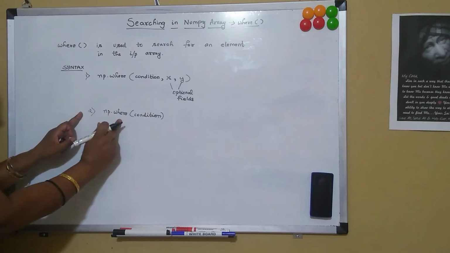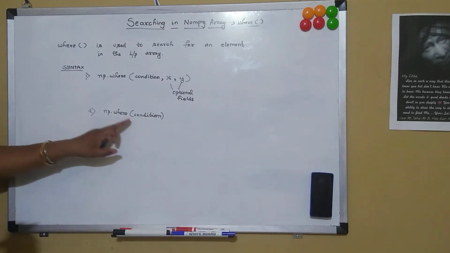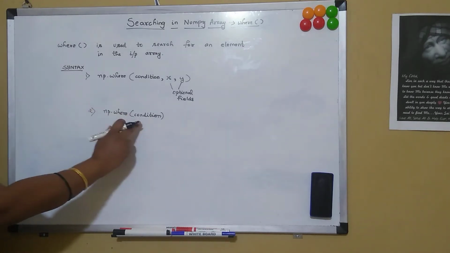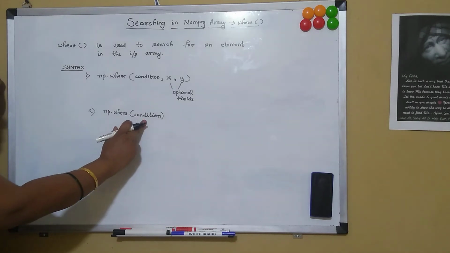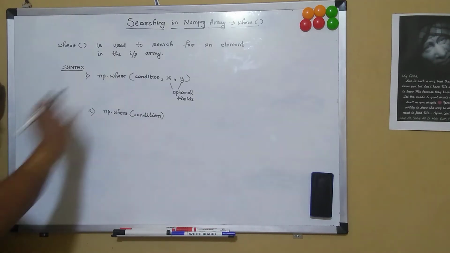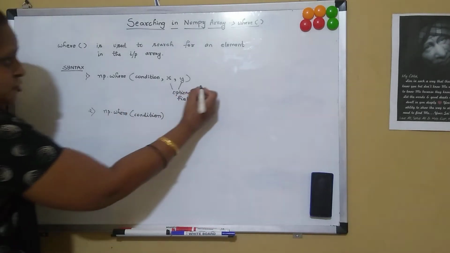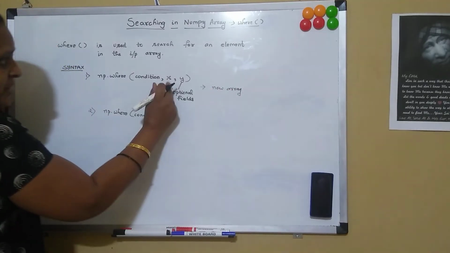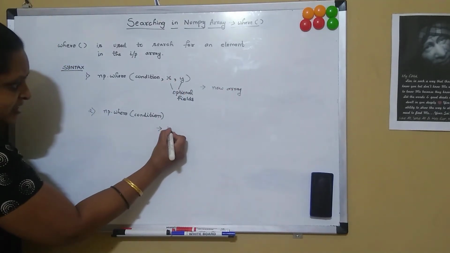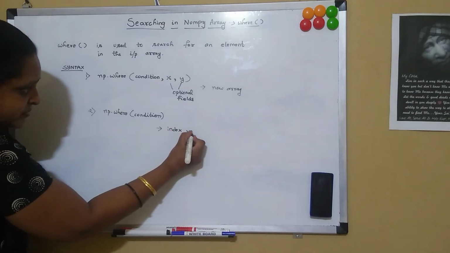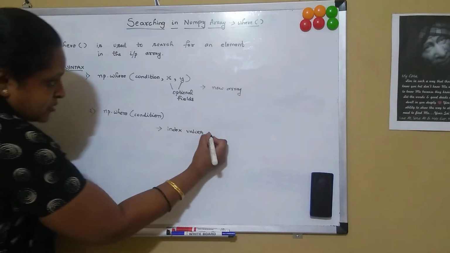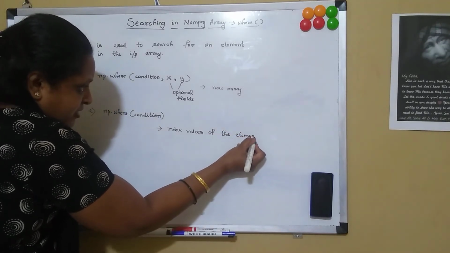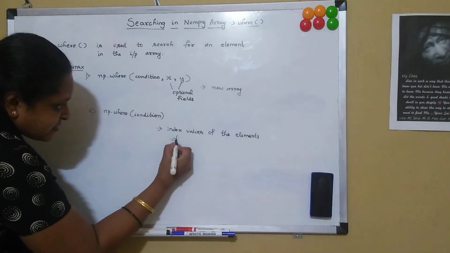Second, where we specify only the condition. When we specify only the condition, the where function returns the index values of the elements from the input array which satisfy the condition. With x and y, it will return a new array by taking values from x and y. Here it will return the index values of the elements which satisfy the condition.